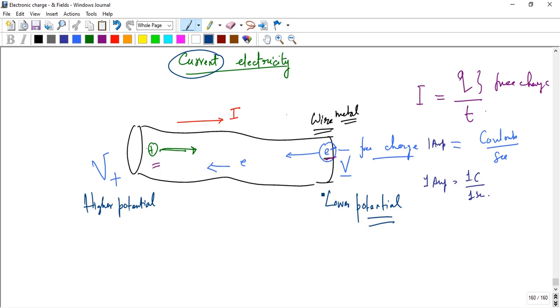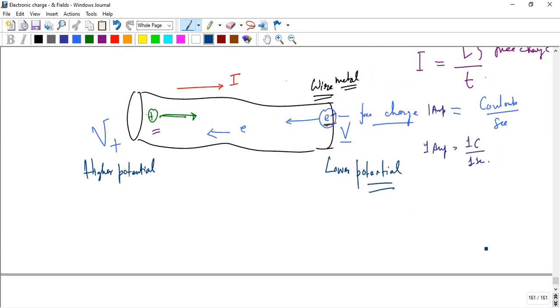Now there is a little upgrade here. Suppose a small amount of charge, delta Q, moves, considering it as electrons, from the negative terminal to the positive terminal in a small time interval delta t. So we get current I, and the current is a scalar quantity. Very important: current is a scalar quantity.